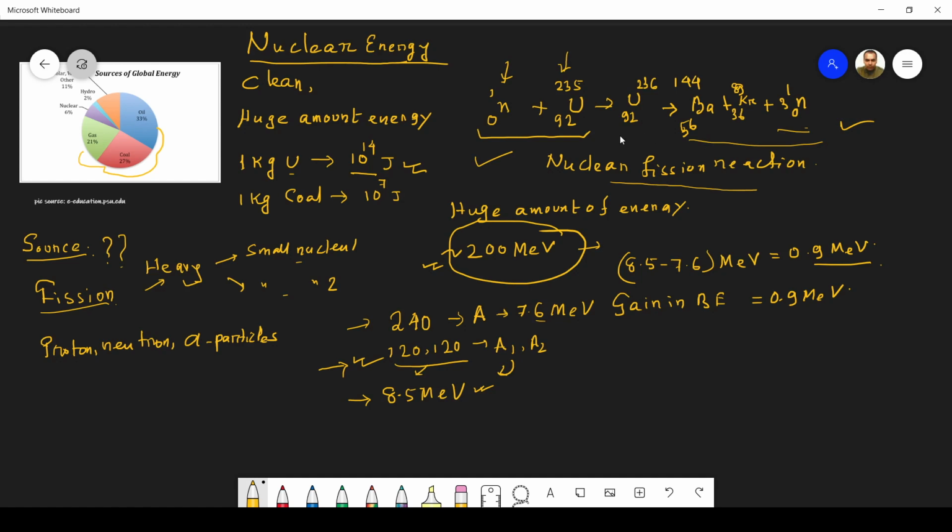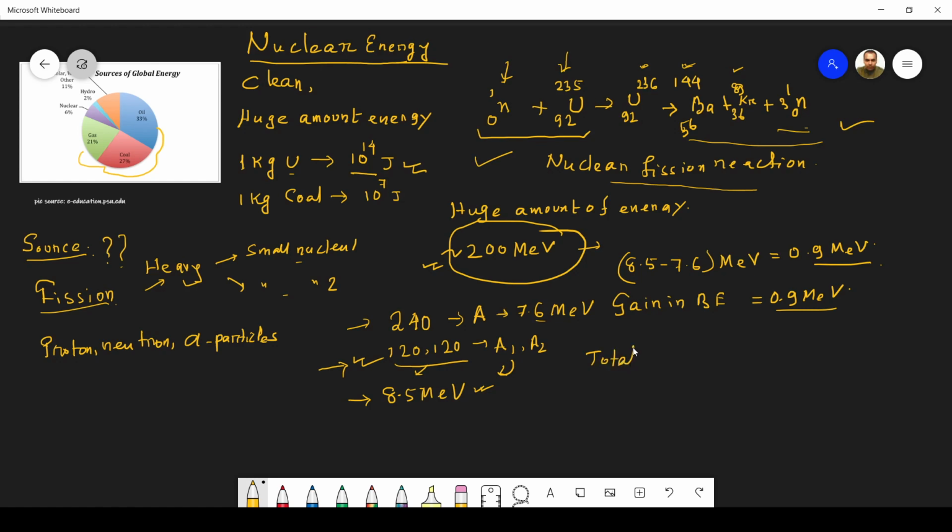Okay. So here also uranium-235, from that graph you see, will have lower binding energy per nucleon as compared to these two daughter nuclei. So the gain in binding energy is 0.9 mega electron volt. Then what is the total gain in binding energy?